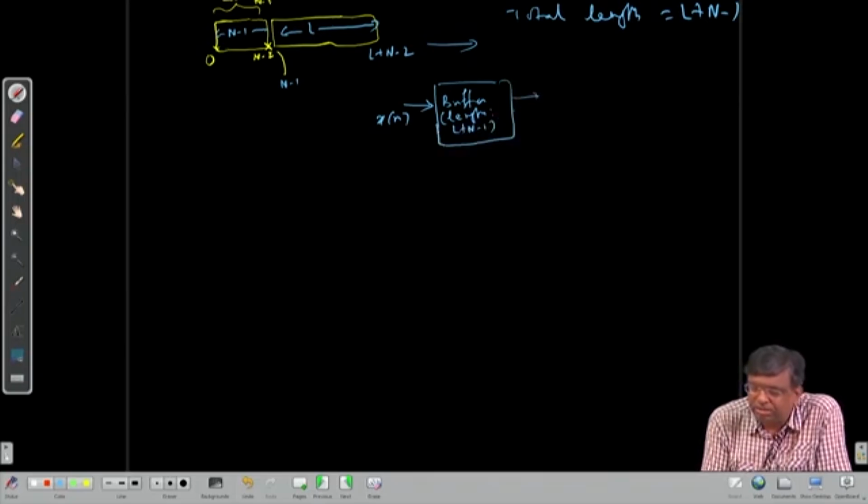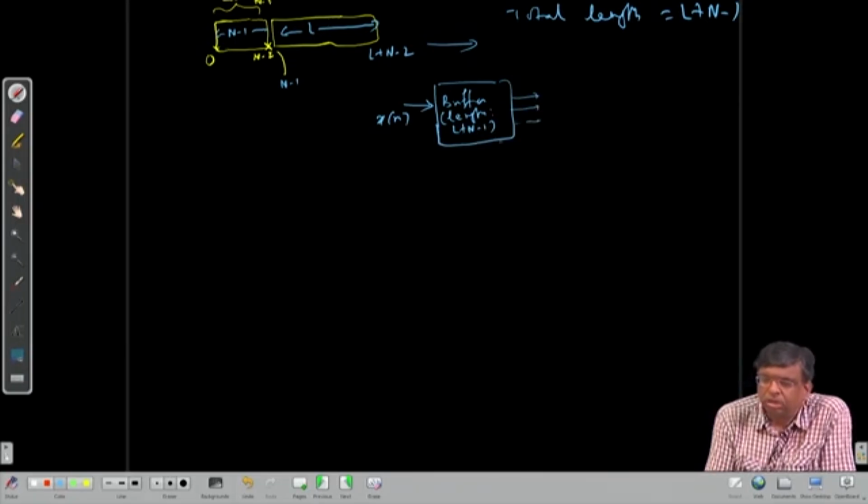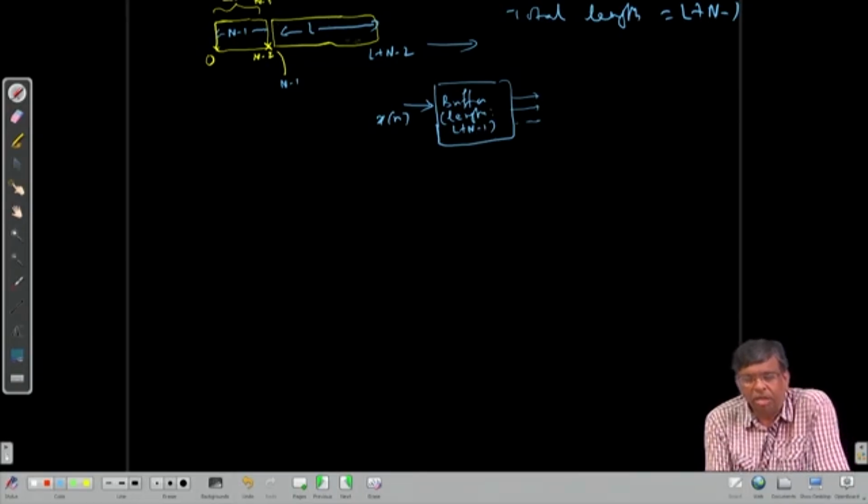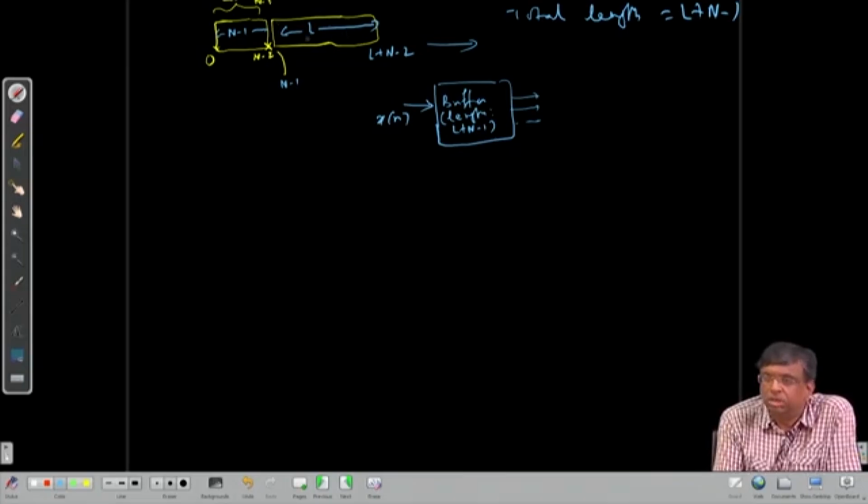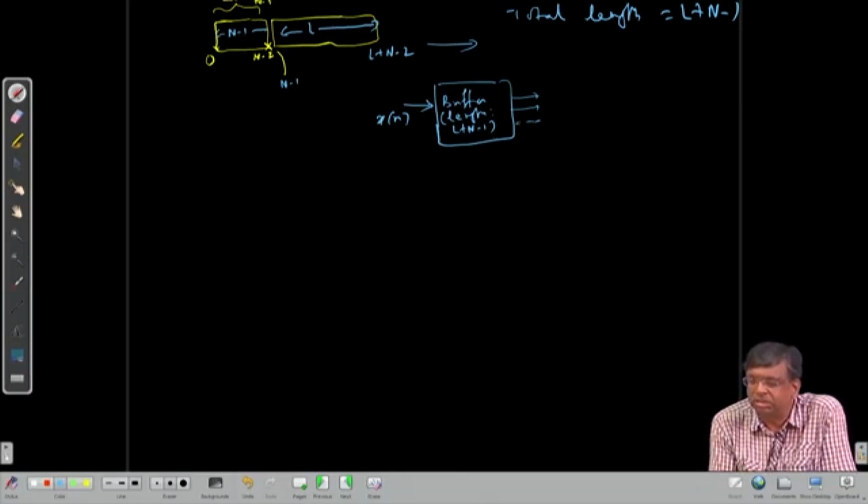So, these parallel lines come because all this data is for the block of length L, which is the block of our actual interest, and this extra part which we added for doing the overlap save. So, total length is L plus n minus 1. So, these fellows parallelly come out.